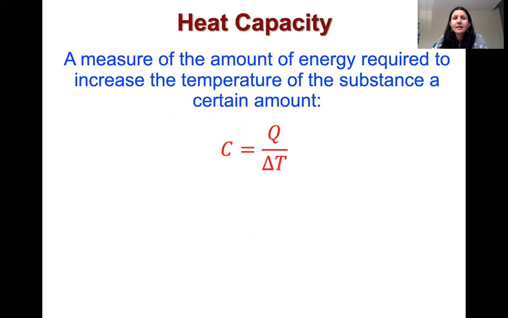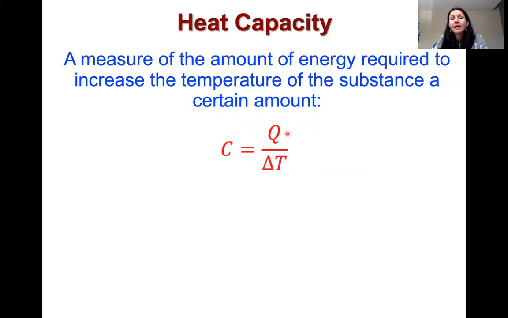Heat capacity is a measure of the amount of energy required to increase the temperature of some substance by a certain amount. So this equation tells us if, let's say we add some amount of energy, by how much would the temperature of that substance change? That's what gives you the heat capacity.